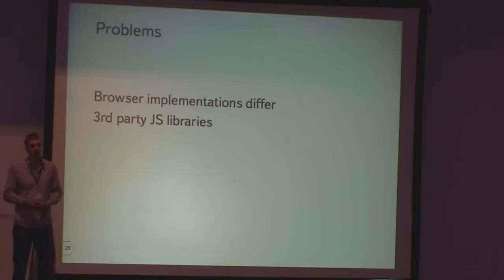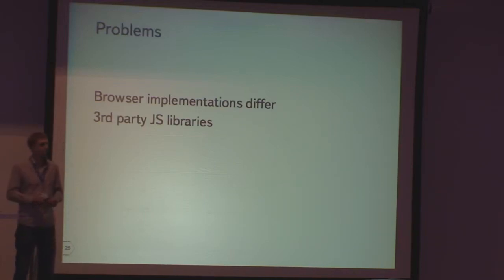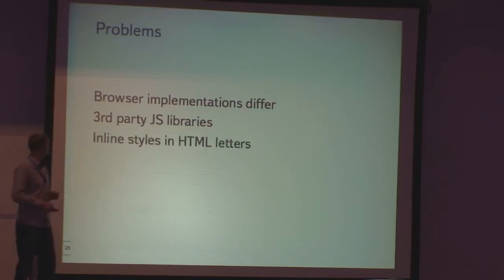So, for example, you can search for content security policy in the jQuery bug tracker. You will see a lot of bugs in it. But as I know, the latest version of jQuery works well with content security policy, so you can try it.